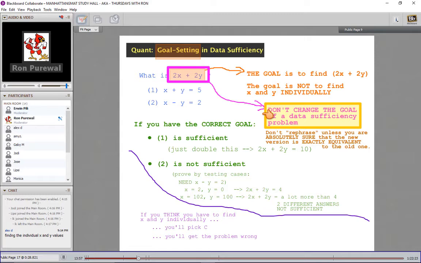Are there any choices that you suspect are just not going to be the right choice to these problems? Does anybody know where I'm going with that?